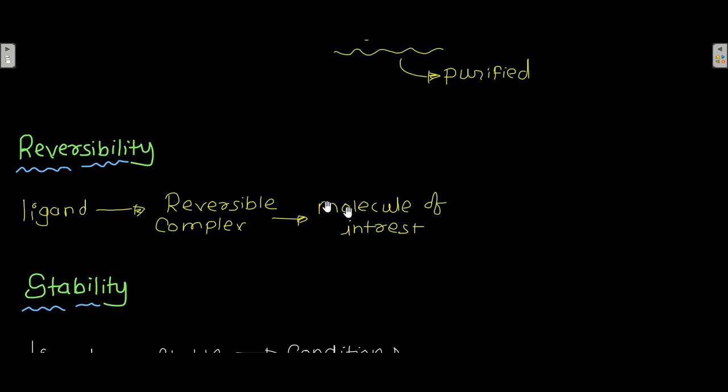This ligand and molecule complex should be reversible. So after the purification is done, if you want to remove this molecule from the ligand, you should be able to do it, and that is why reversibility is very important in affinity chromatography.